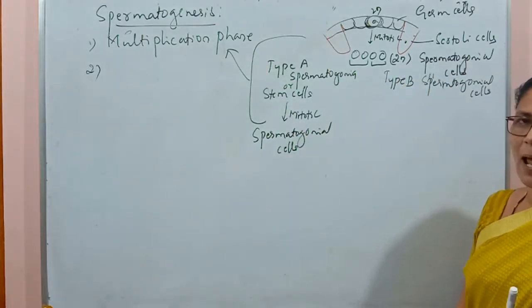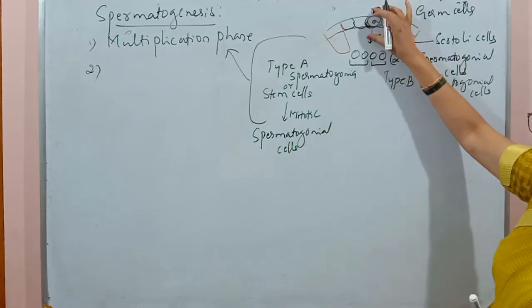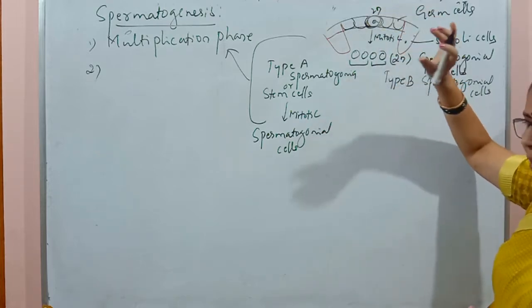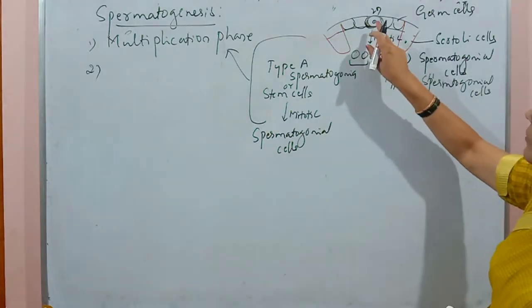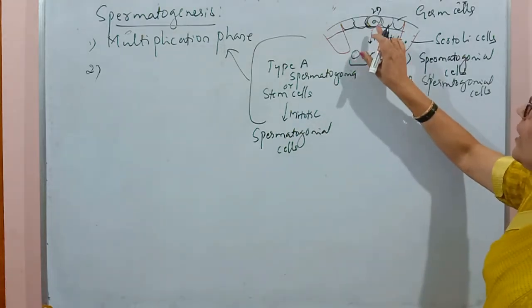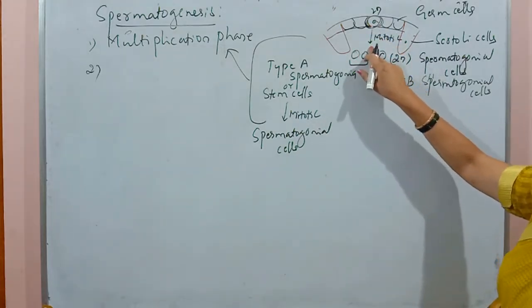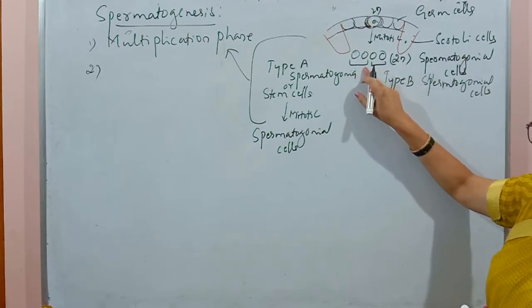So what are the things happening in the multiplication phase? Most of the germ cells undergo mitotic division, but I am taking only one germ cell for our convenience. This germ cell undergoes repeated mitotic division and forms a group of cells.